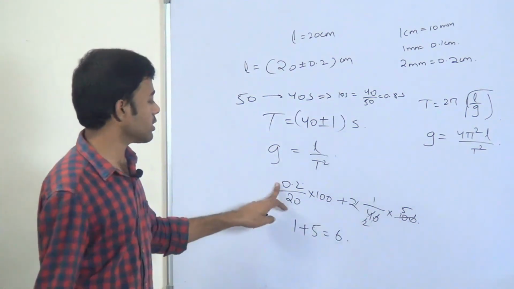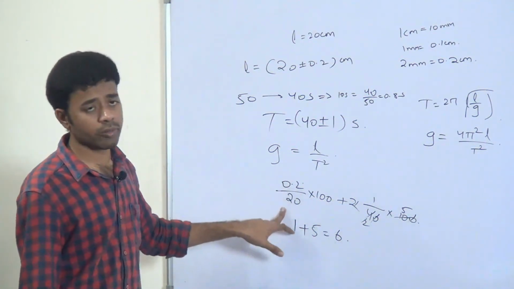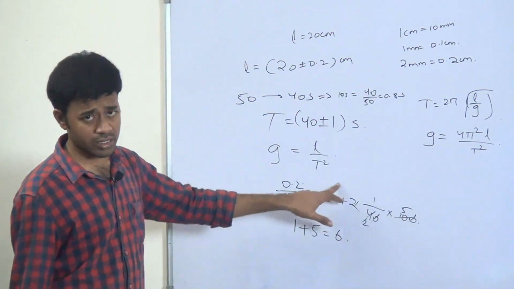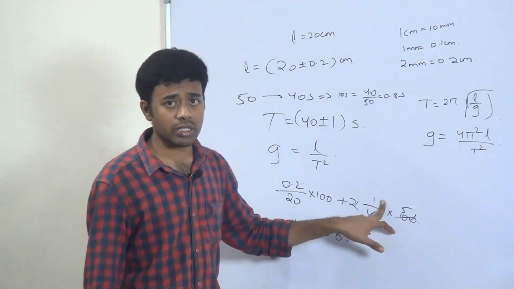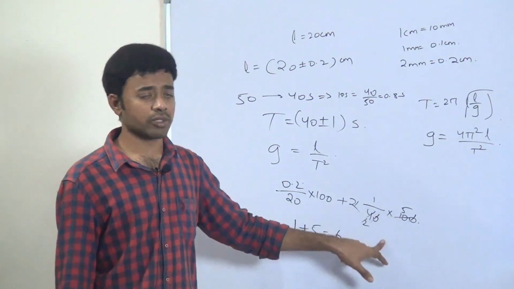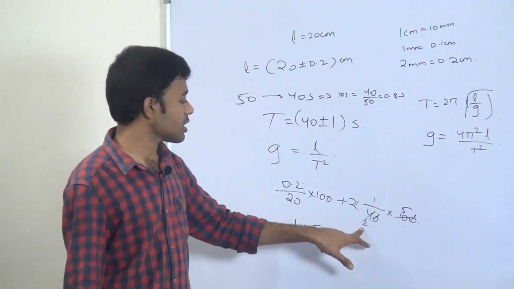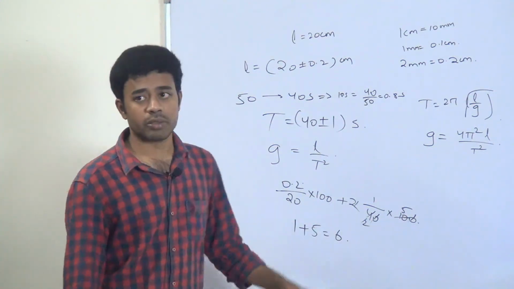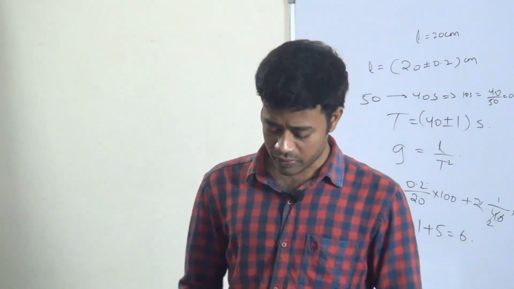The error in the length is 0.2 and the actual length is 20, so 0.2 by 20 gives 1 by 100 into 100; the 100 gets cancelled, so you get 1. Then 2 into the error in time, 1, by the actual time, 40, into 100 gives 5. So 1 plus 5 is 6% error in the measurement of the value of G.